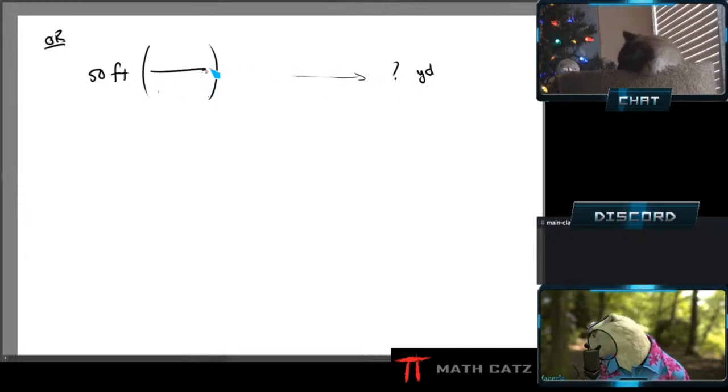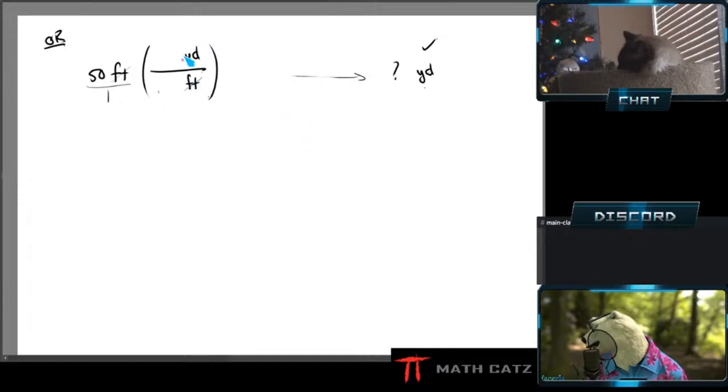So I'm going to make a fraction here, and this fraction is going to be my reference pair, feet to yards. I'm going to put feet in the bottom and yards in the top because when I simplify the units, remember this is over 1, a top and a bottom can cancel, the feet can cancel with those feet, and I'll end up with yards. So the unit is correct.